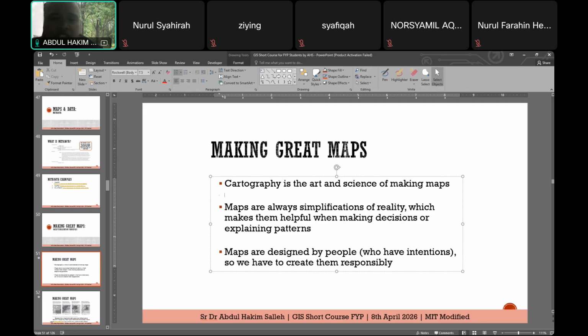Next, maps are designed by people who have intentions, so we have to create them responsibly. What are the intentions? The intention is usually to help the tourists to find some space, some area, some point of interest. Okay, to help the road users to determine the types of roads much easier. That is cartography.